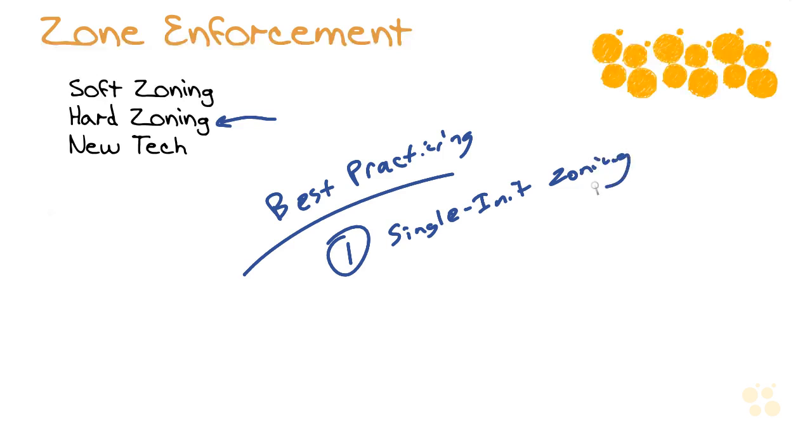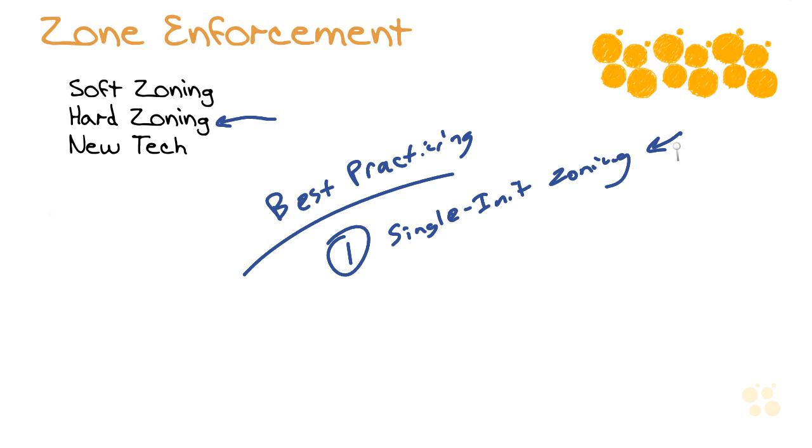In this practice you literally use as many zones as there are host bus adapters that need to communicate with storage. Now, this is not as critical as it used to be because, again, there are fewer firmware bugs and things of that nature that we have to worry about in our SAN environments.